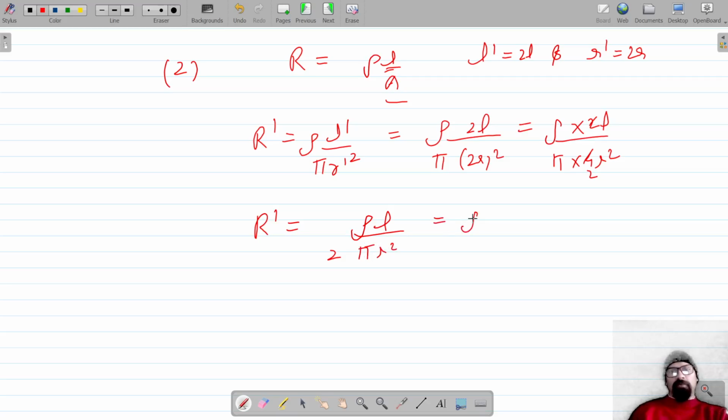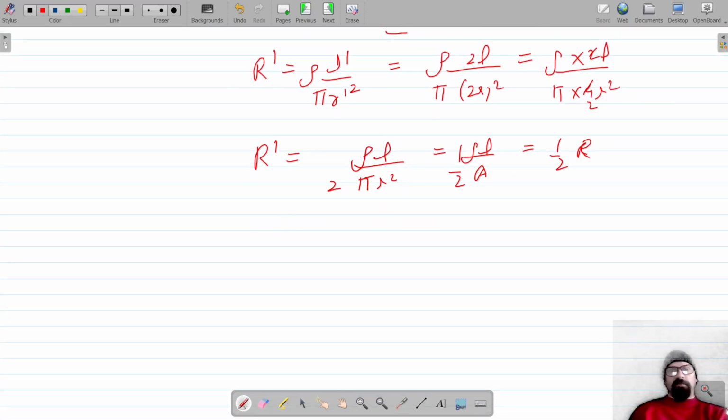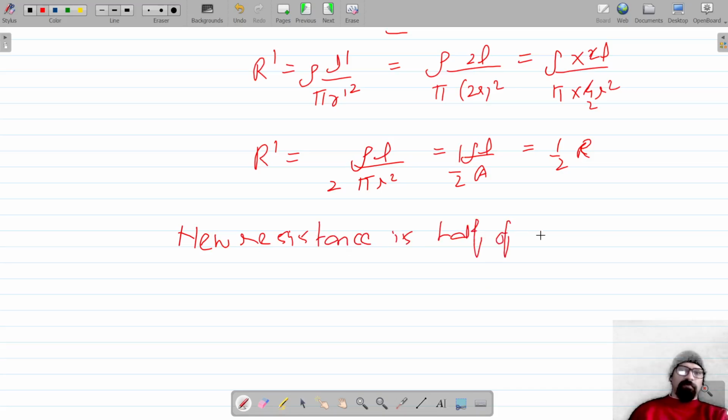Then pi R square is A. So this is half of rho L by A. Rho L by A was our original resistance. So new resistance becomes half. Resistance will reduce to half. So new resistance is half of original value.